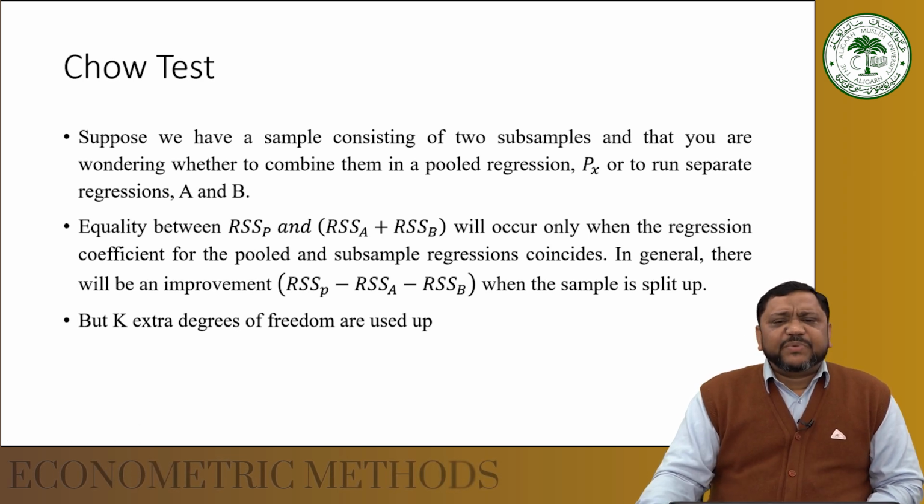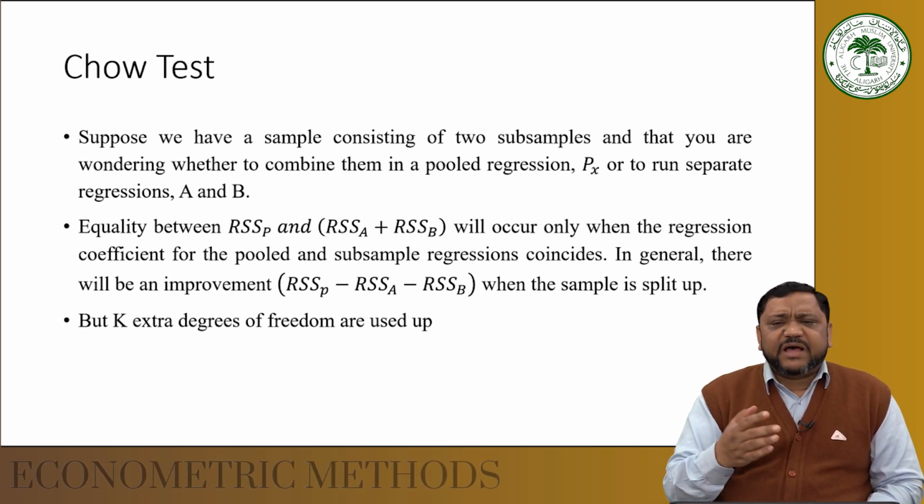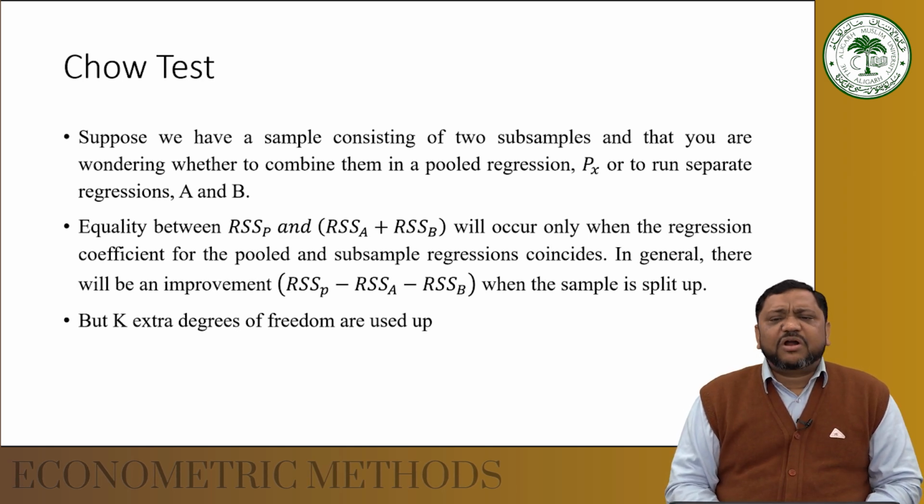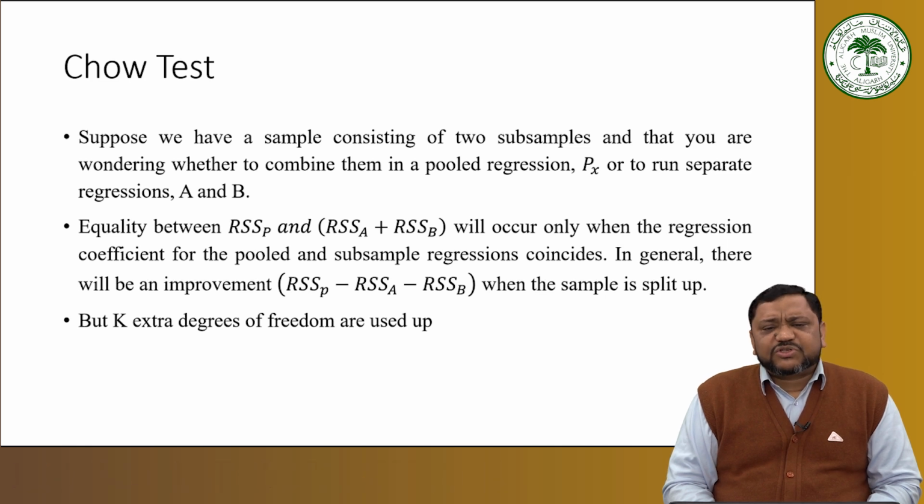Say we have a sample consisting of two subsamples and we are wondering whether to combine them in a pooled regression or run separate ones. We denote the residual sum of squares of the subsample regressions as RSS_A and RSS_B, and the sum of squares of the residuals in the pooled regression for the observations belonging to the two subsamples as RSS_PA and RSS_PB.